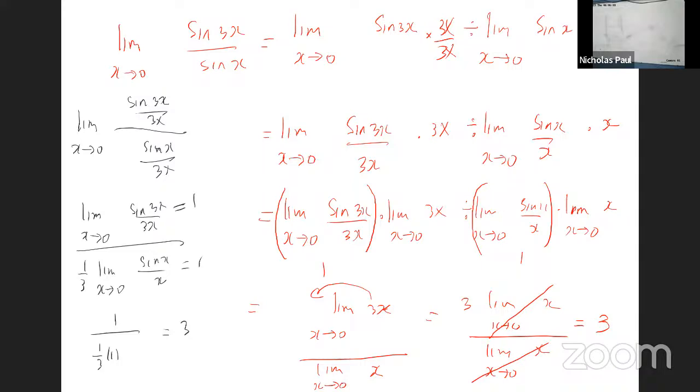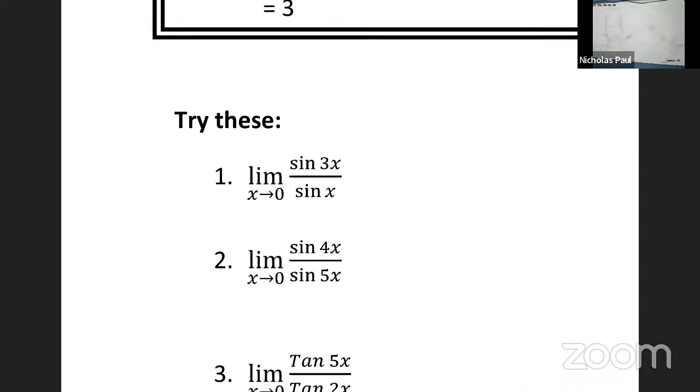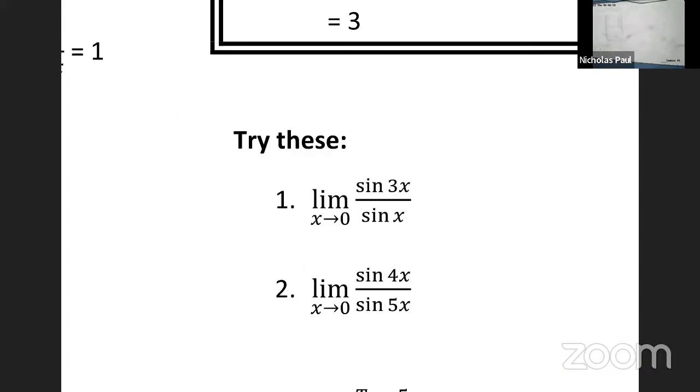All right, last one. Try sine 4x on sine 5x, right? Last one. You can kind of watch it and figure out the answer.